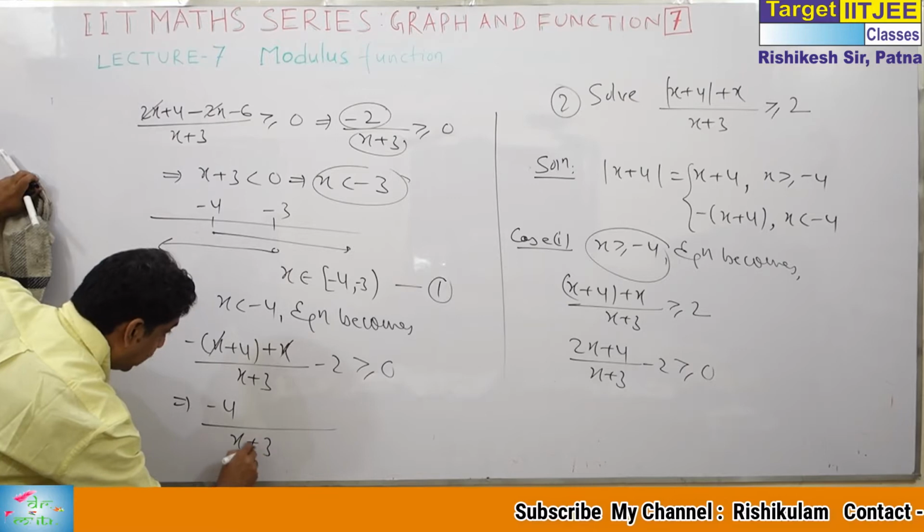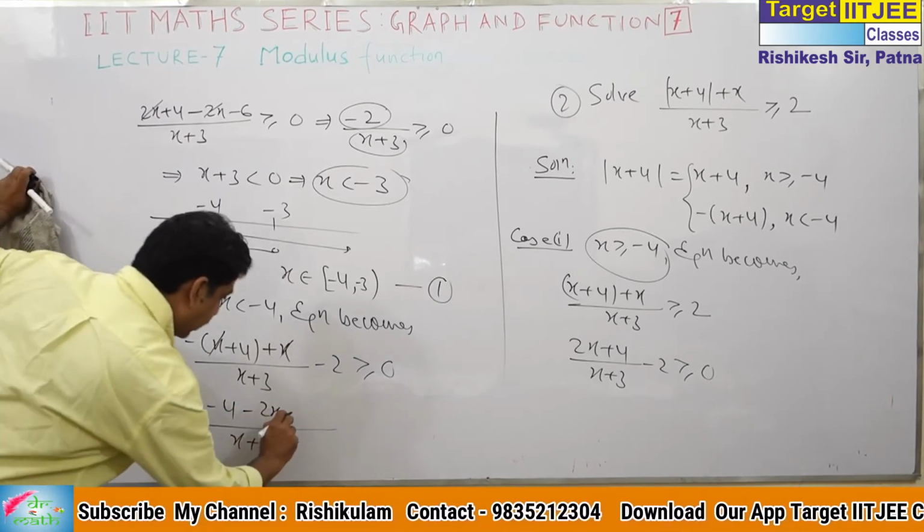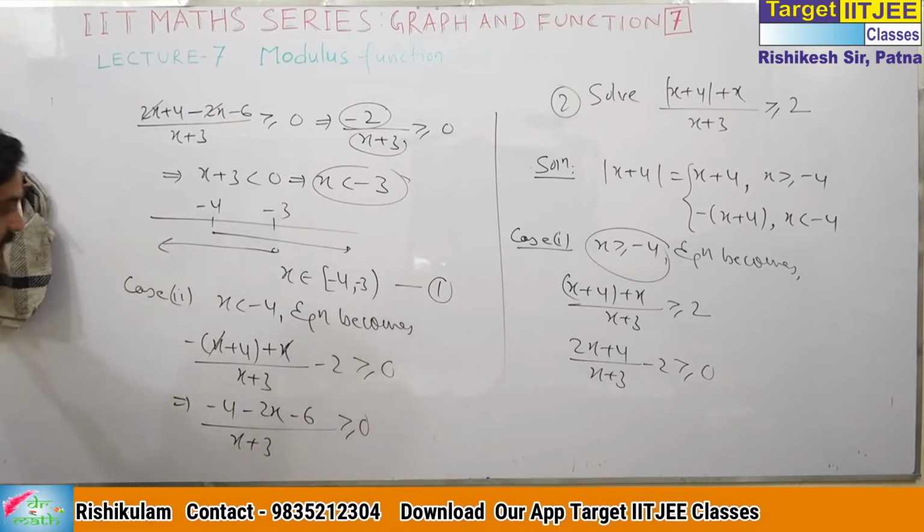Taking the LCM x + 3, this is minus 4 minus 2x minus 6, greater than or equal to 0.